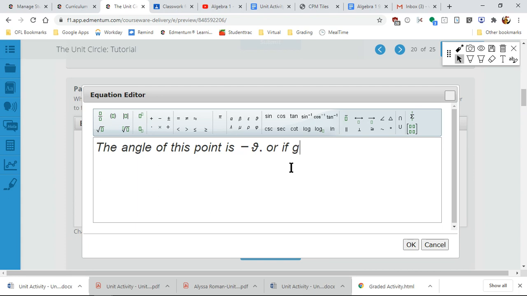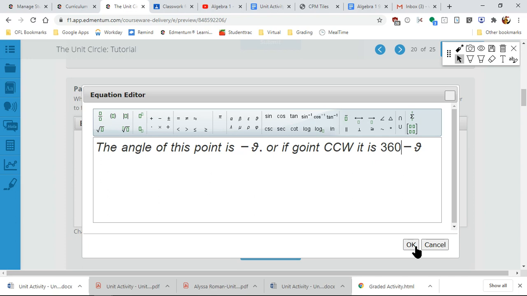Or if going counterclockwise, it is 360 minus theta. So this is in order to give you a positive angle.